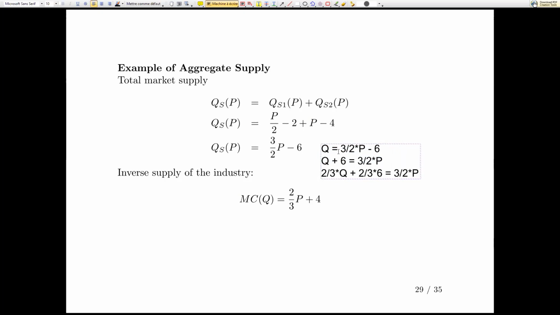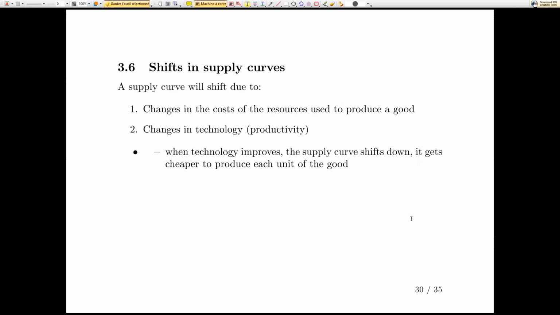And of course, 6 divided by 3, that's 2. So times 2, so this is 4. So that's how I get this. And then this is the marginal cost. This is how you invert it back. All right.